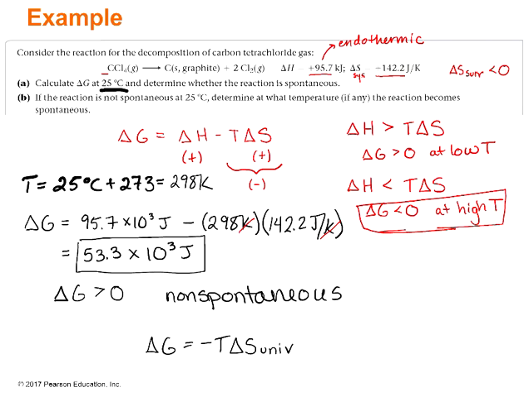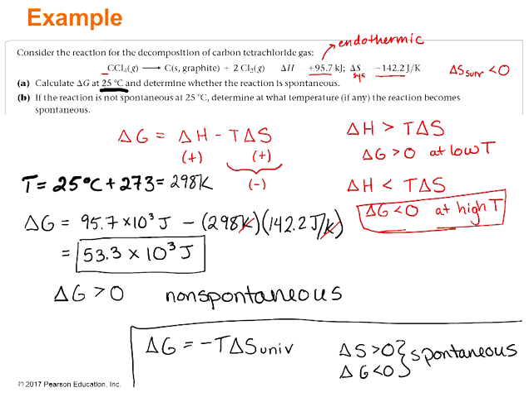So if delta G is positive, that means it's actually non-spontaneous. So delta S is positive, delta G is negative for spontaneous processes. All right, and that's just a little side note there.